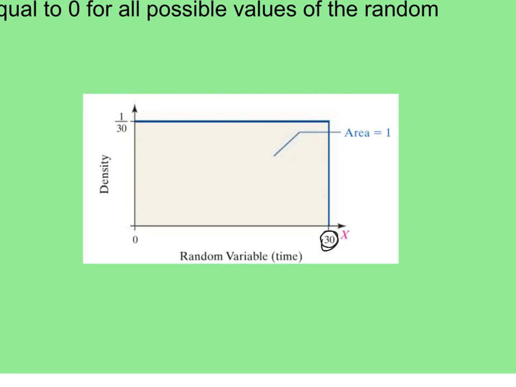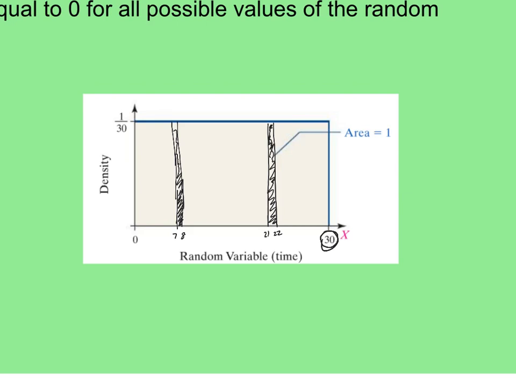If I draw two vertical lines, maybe between 7 and 8 on my x-axis, the probability of my friend being between 7 and 8 minutes late is just as likely as if I draw two other vertical lines over here, maybe between 21 and 22 minutes late. So the probability that my friend is between 7 and 8 minutes late has the same likelihood as the probability that my friend is between 21 and 22 minutes late.